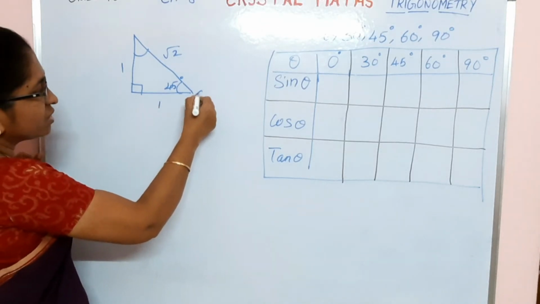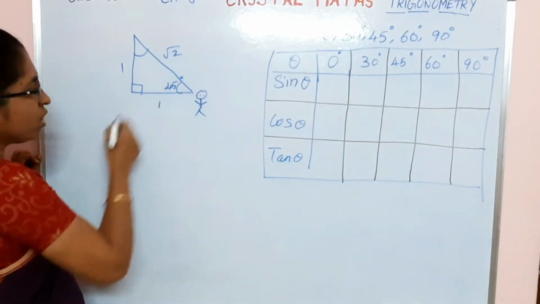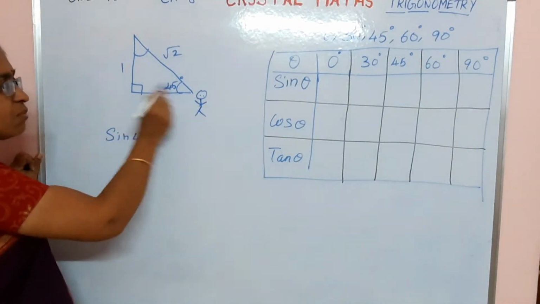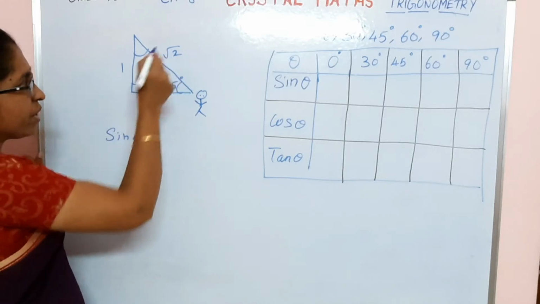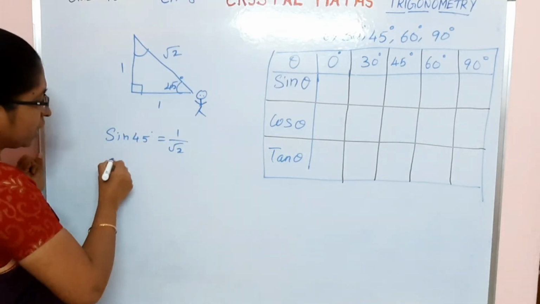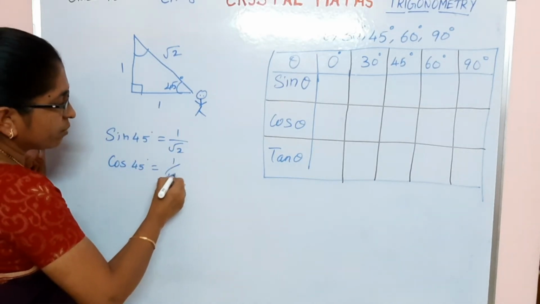Now you are standing here. What is sine 45? We just have to observe the diagram and tell the answer. Sine 45 is opposite by hypotenuse, which is equal to 1 by root 2. What is cos 45? That is also 1 by root 2.